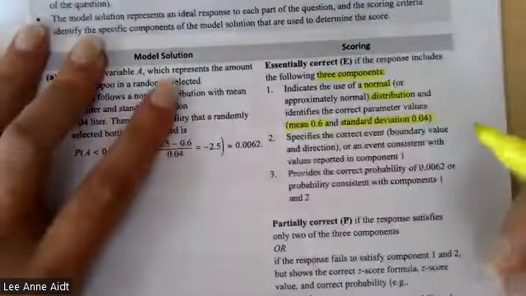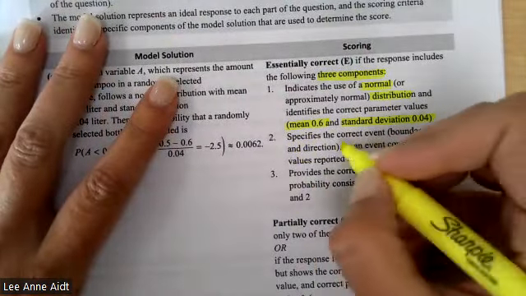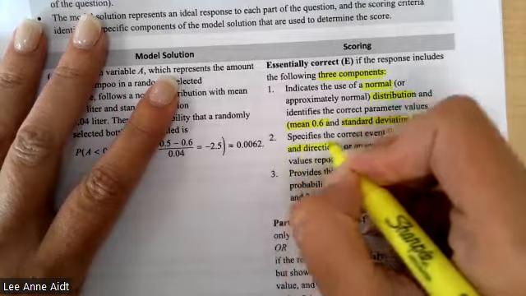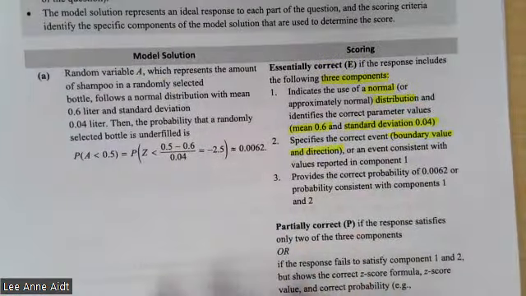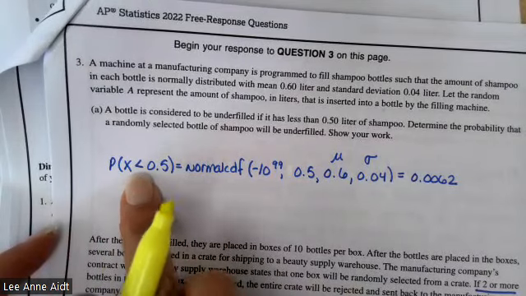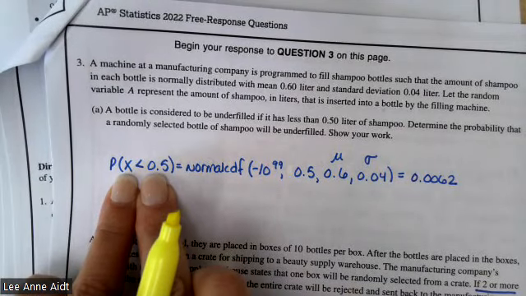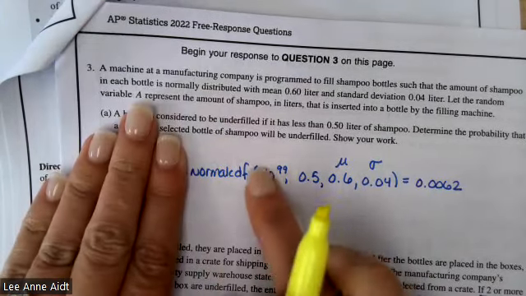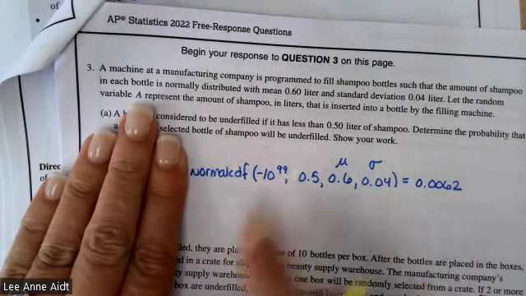It also says specifies the correct event boundary value and direction. And I did not label inside my normal CDF. I instead chose to put this statement. So this statement covers me for the boundary value and direction. If you did not write this, then you needed to write lower and upper here.